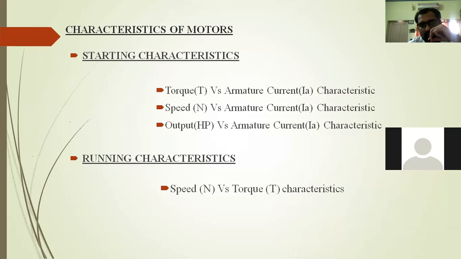The running characteristics are the characteristics obtained between the speed and the torque of your motor. By combining these two, we are going to see the overall performance of your motor. We are also going to see how the efficiency of the motor is considered between the power and the efficiency.